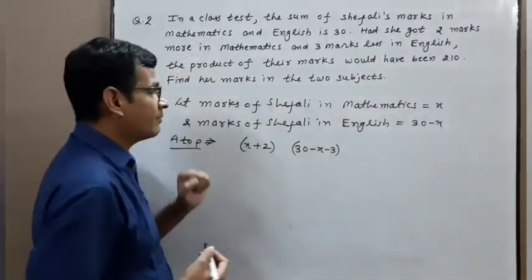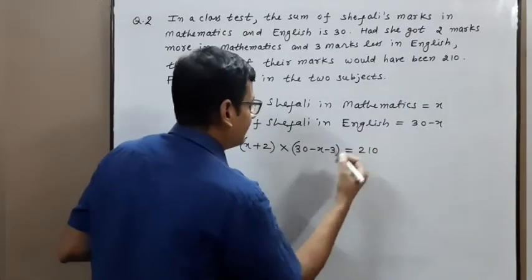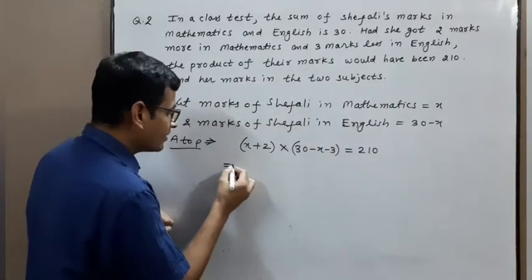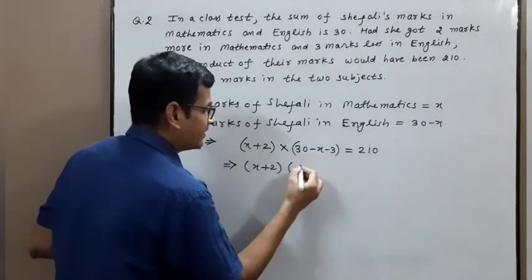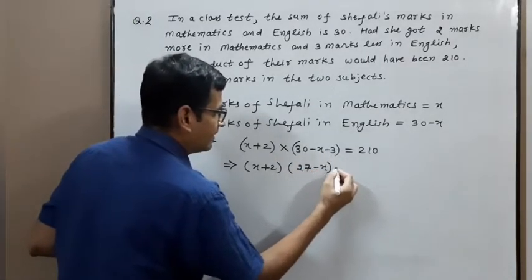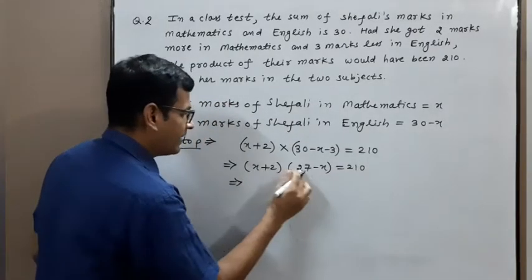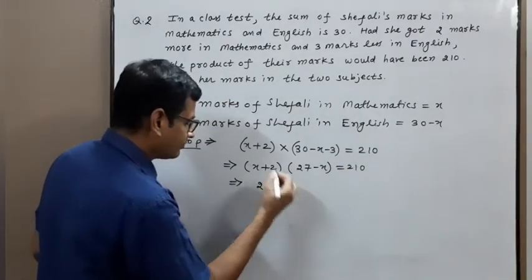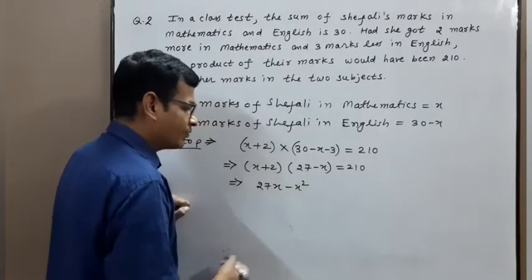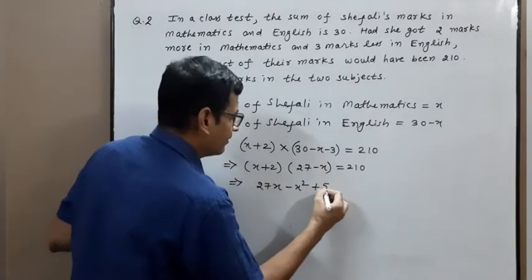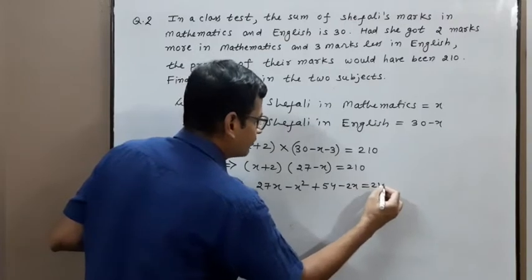The product of their marks is equal to 210. Simplify: x plus 2, 30 minus 3 is 27 minus x, equal to 210. X into 27 is 27x, x into minus x is minus x square, 2 into 27 is 54, 2 into minus x is minus 2x, equal to 210.